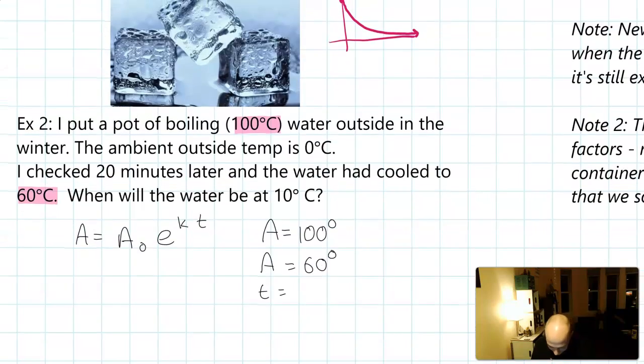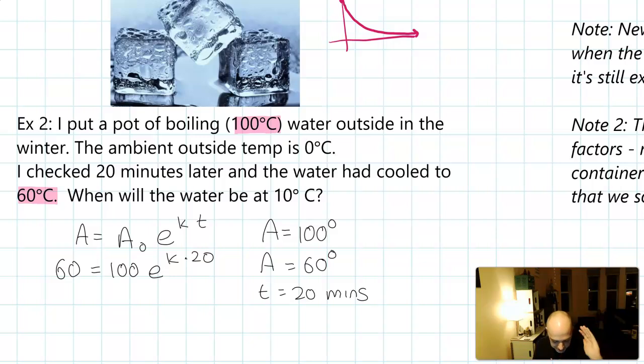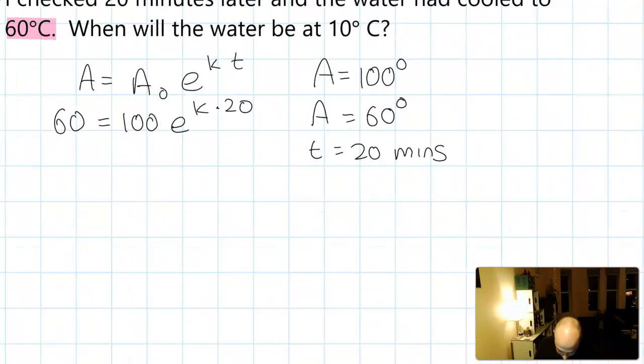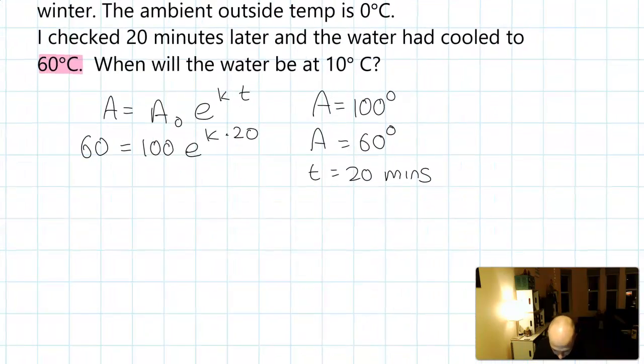The time in that case was 20 minutes. And we don't know K, but we can plug these all into the model and start to solve, and we're going to find the K for this situation. Make a little more room.